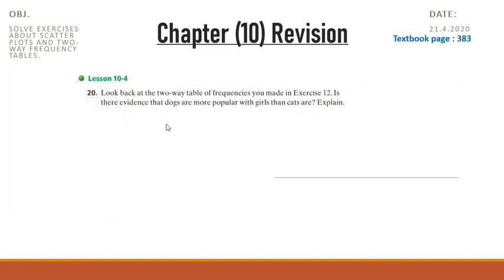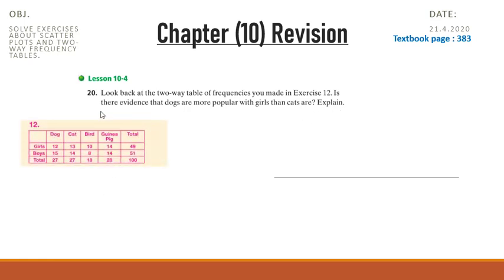In the last question, look back at the two-way table of frequencies you made in exercise 12. Is there evidence that dogs are more popular with girls than cats? Of course we need to make another table of relative frequencies.